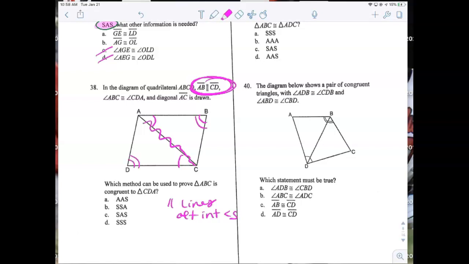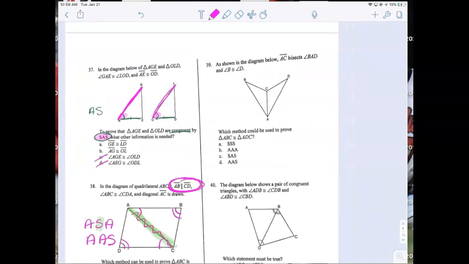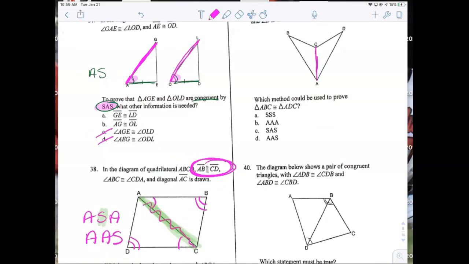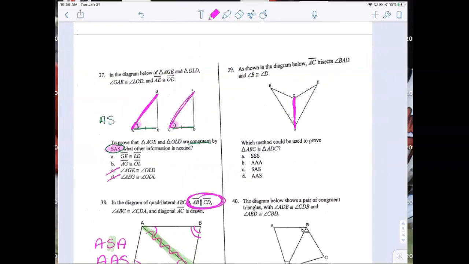So here's the trick. If we look at this side here, is this side touching all of the congruent angles? If you notice, it's not. So that's the difference between angle, side, angle, and angle, angle, side. If this side in the middle is touching both pairs of angles, you use angle, side, angle. But since this side here is not touching all the congruent angles, we're going to have to use angle, angle, side, or choice A.